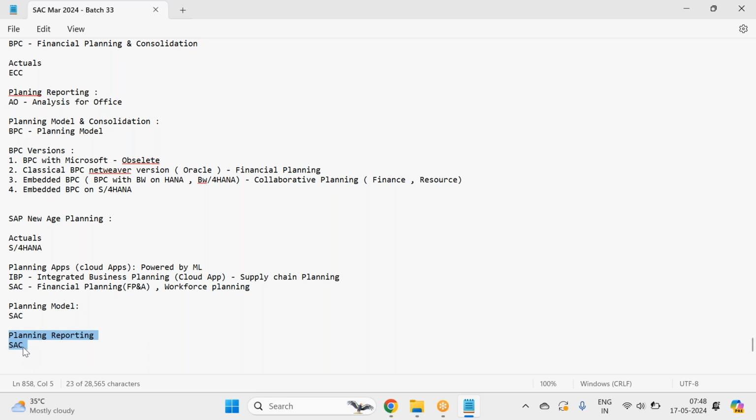And once you click on save or submit, there is an option called publish. Once you click on publish, that data will be written back to the planning model. Okay, so you have the write back functionality here also in planning reporting, but everything happens in one single system. So we are moving away from both BPC and Analysis for Office and getting everything into SAC now.